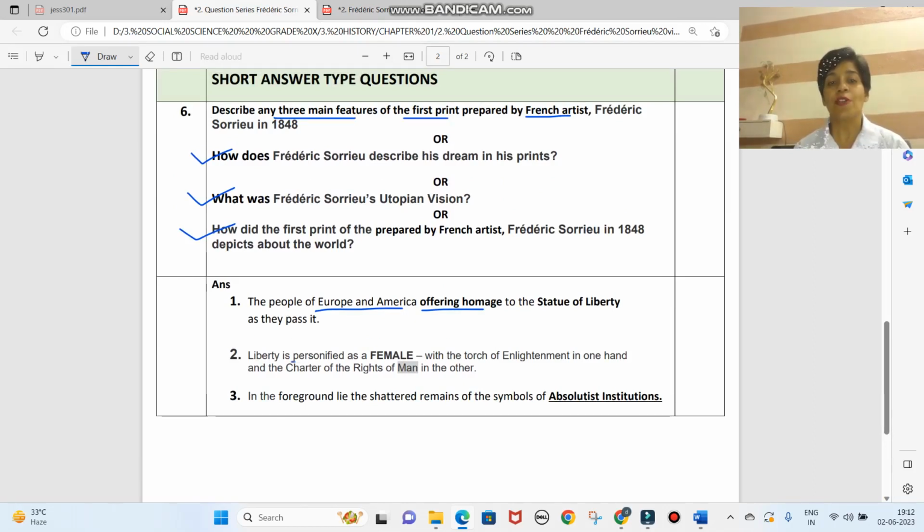Liberty is personified by a female figure holding the torch of enlightenment in one hand and the Charter of the Rights of Man in the other hand. In the foreground lie the shattered remains of the symbols of absolutist institutions.